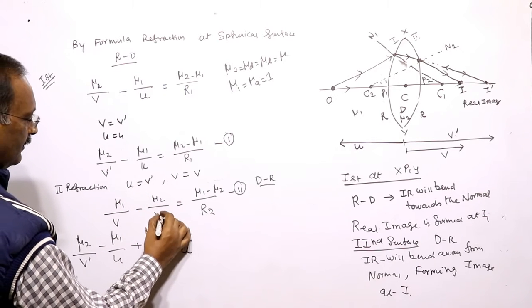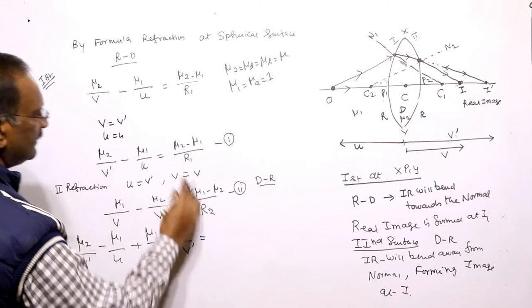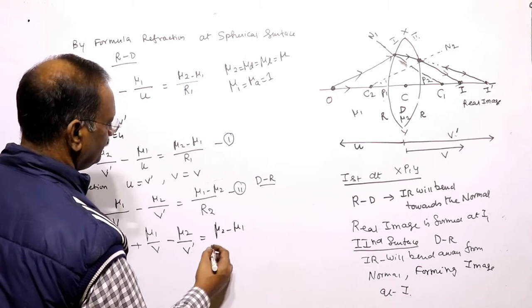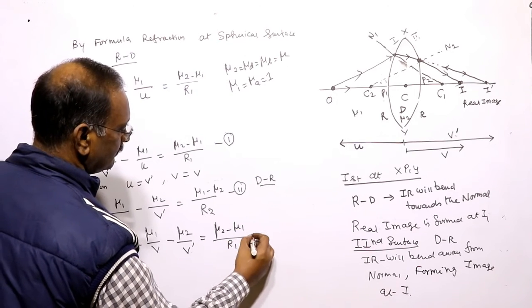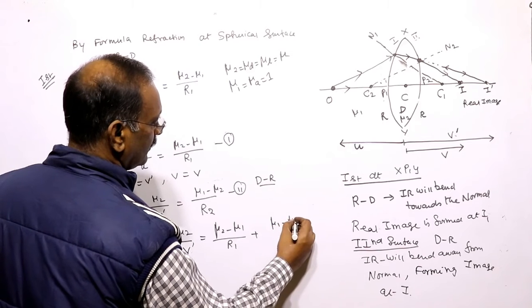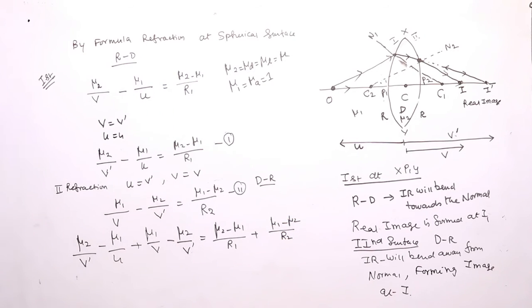Add this one: mu2 minus mu1 by R1 plus mu1 minus mu2 by R2. So this and this get cancelled.